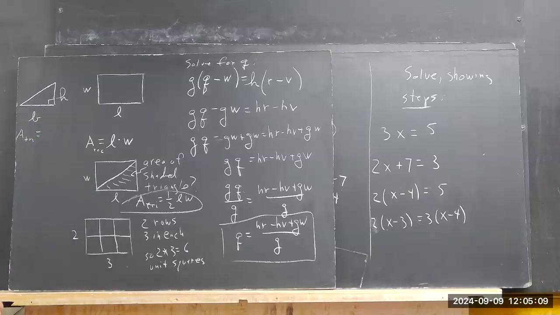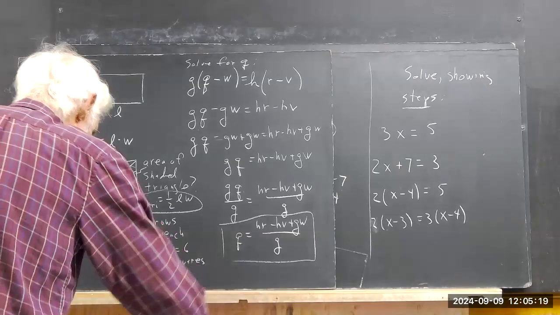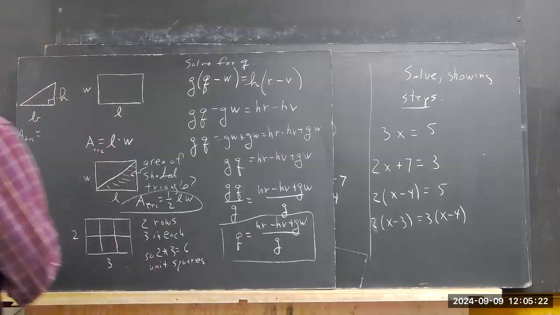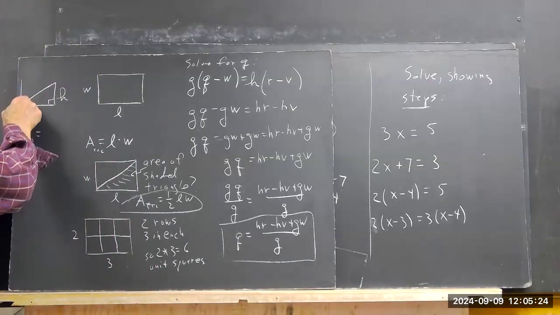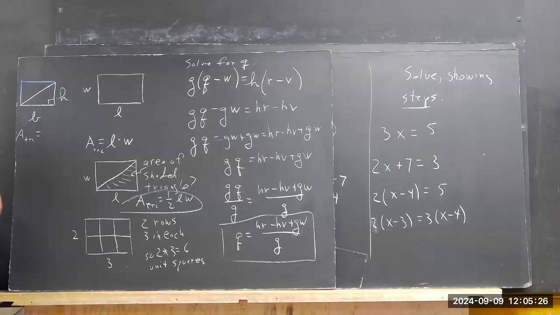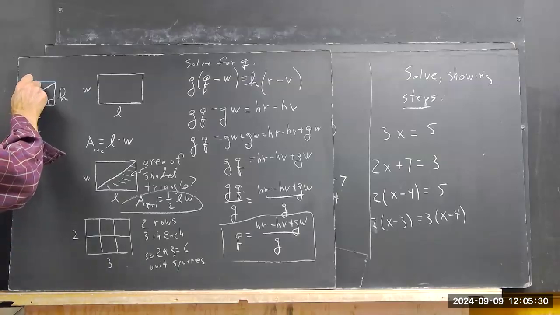That's the right triangle. Then it looks like I can add another square for another triangle. Up here, right triangle.